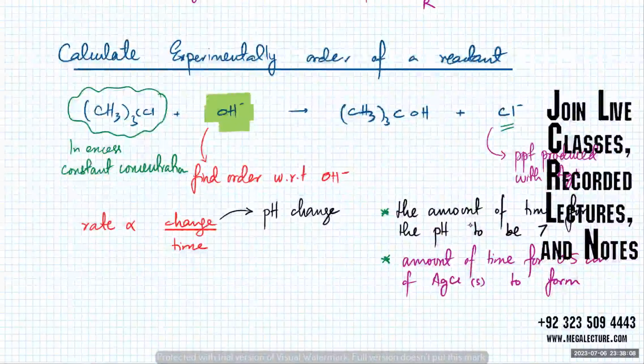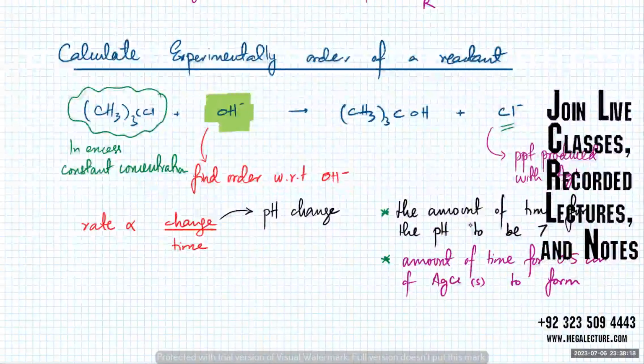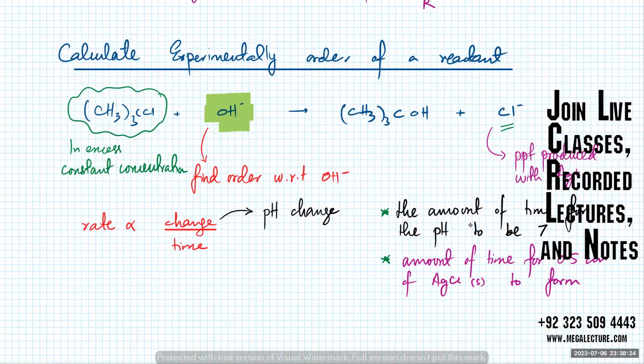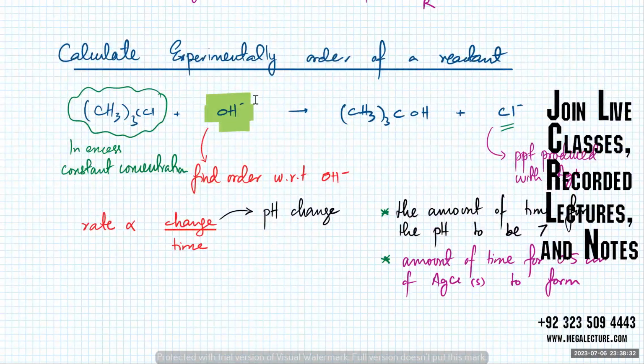So you know how you wrote that we need to measure the amount of time for the pH to be 7? So what does that actually show? It just shows that the OH minus is being used up, so it's going to become less alkaline, right? Initially it's going to be alkaline because you have OH ions, and then they get used up, which means the reaction has stopped.